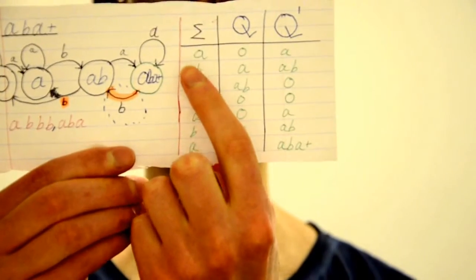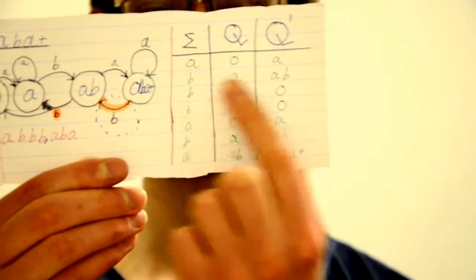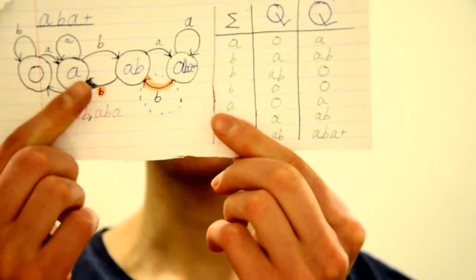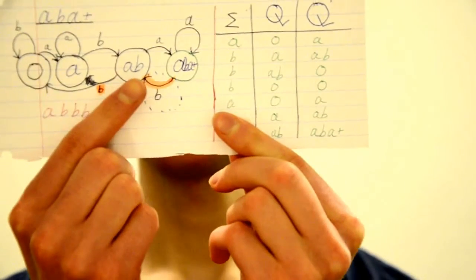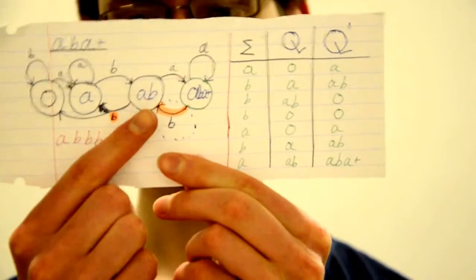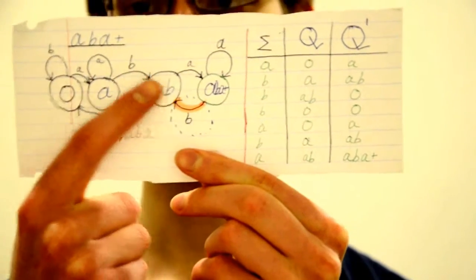As you can see, passing through the first 4, we move to A, but then we move to AB, but then we can't move any further, and we're actually thrown back.